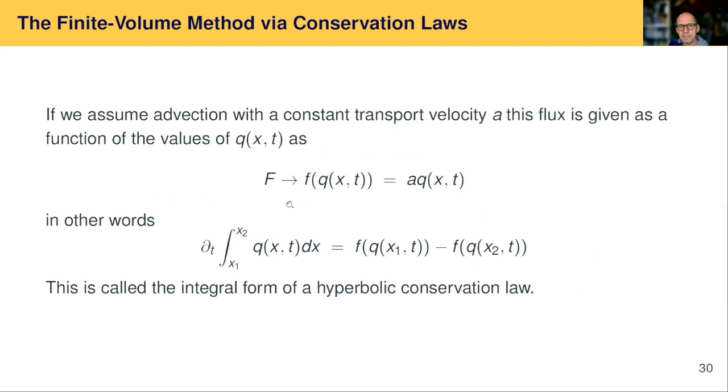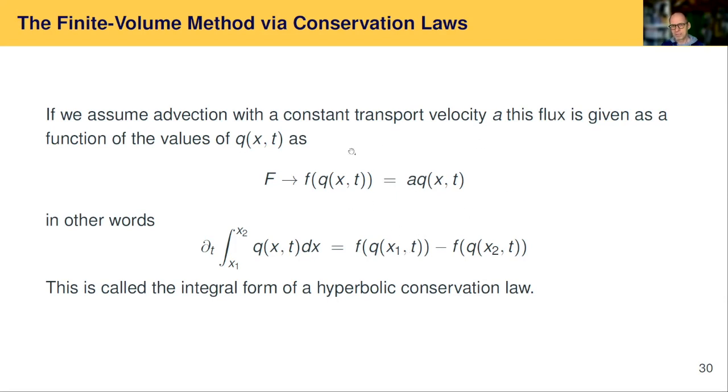Now, let's assume a transport velocity. Again, this can be the velocity of a wave, but think of a river that's advecting something inside the river. That's an advection velocity. Now, let's assume that the flux is A times Q. So this would be the flux in and out of a boundary.